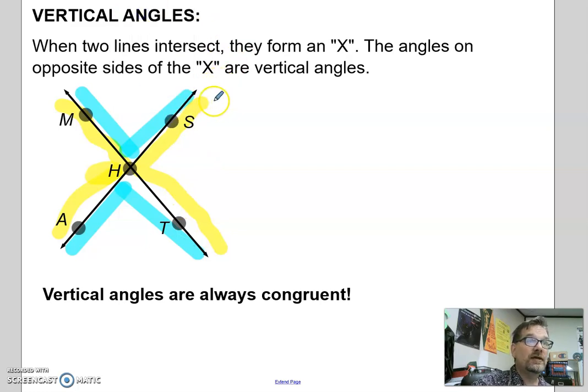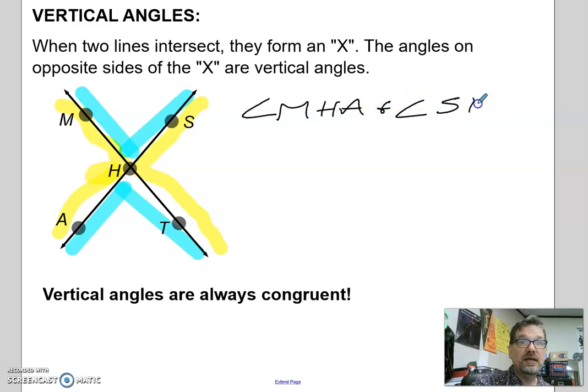So our vertical angles are, let's do it in yellow, angle MHA. I always use capital letters with points. And angle SHT. MHA and SHT are vertical. Those are my yellow vertical angles. And then in blue, we have angle AHT, the angle on the bottom.